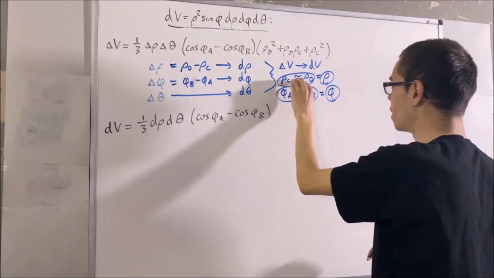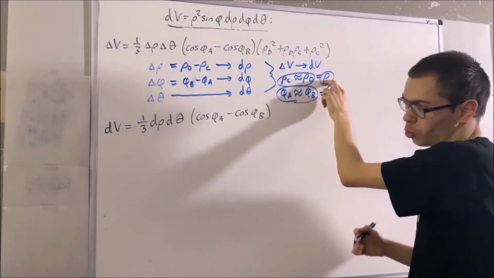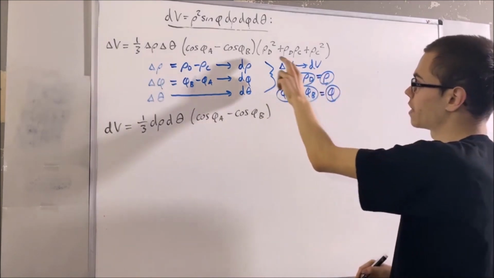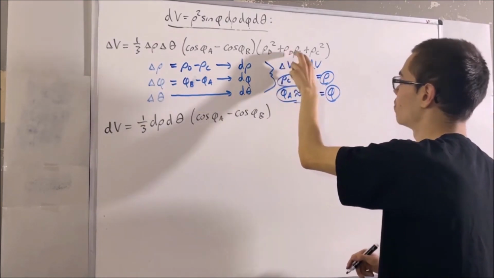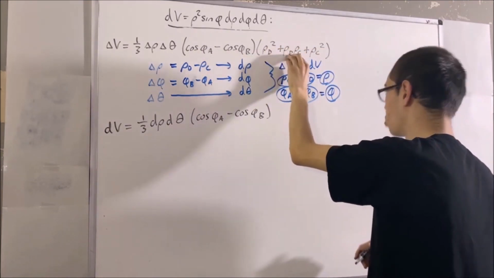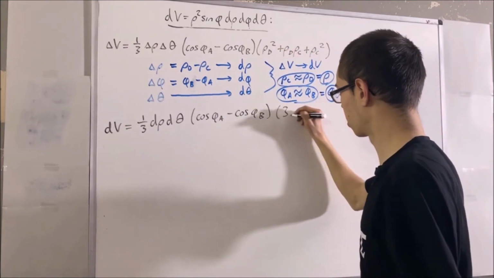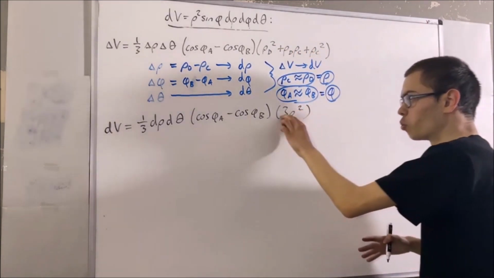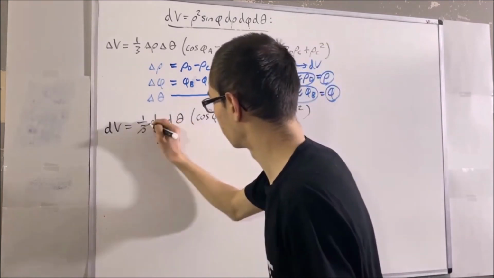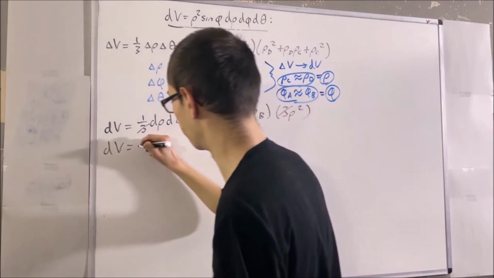Since rho c and rho d are approximately equal to each other, we're saying they're both essentially equal to rho. We can write this as rho squared plus rho times rho plus rho squared, which is essentially rho squared plus rho squared plus rho squared, which is 3 rho squared. Notice that the 3's cancel out. Now I'm going to move the rho squared up to the front right here.